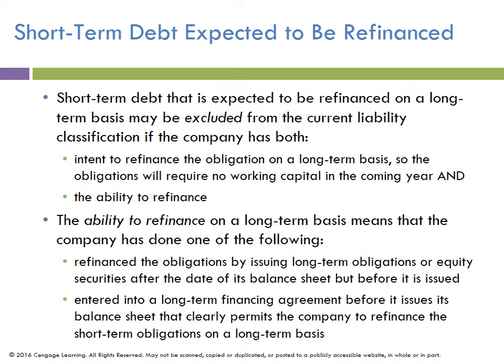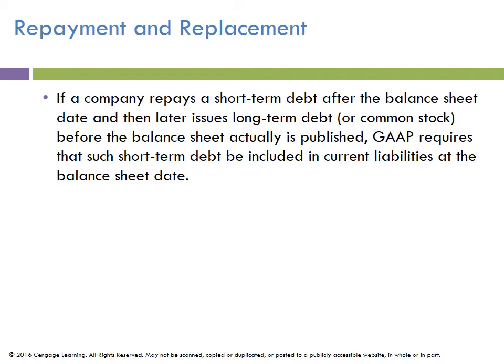So you have the ability to do it, and you've started the process is basically what we're looking at, or the process has been completed. If a company repays a short-term debt after the balance sheet date and then later issues long-term debt or common stock before the balance sheet actually is published, GAAP requires that such short-term debt be included in current liabilities at the balance sheet date.